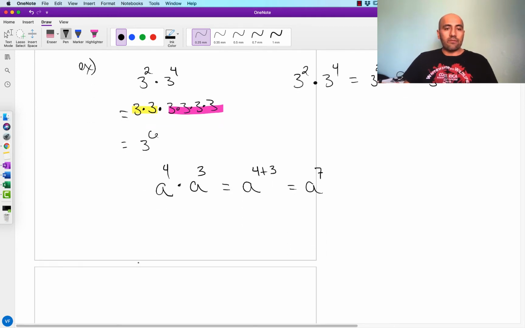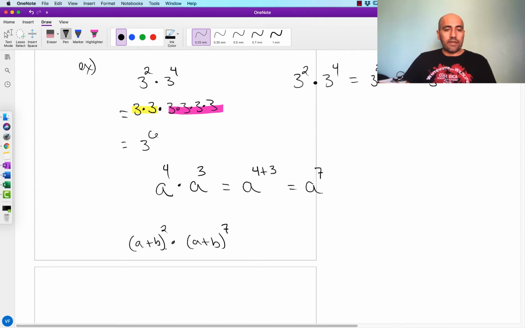Or if we had something even more complicated, we could have something like (a plus b) to the power of 2 times (a plus b) to the power of 7.